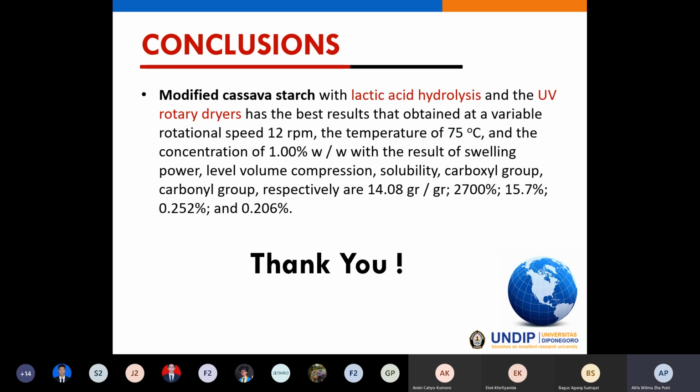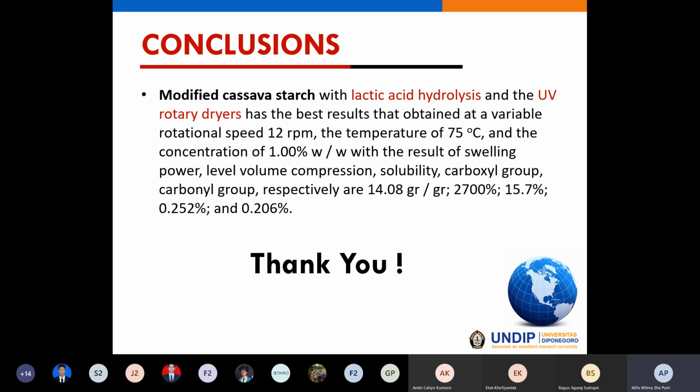So in conclusion, cassava starch modified with lactic acid hydrolysis and the UV rotary dryer has the best results at a rotational speed of 12 rpm, a temperature of 75 degrees Celsius, and a concentration of 1%.